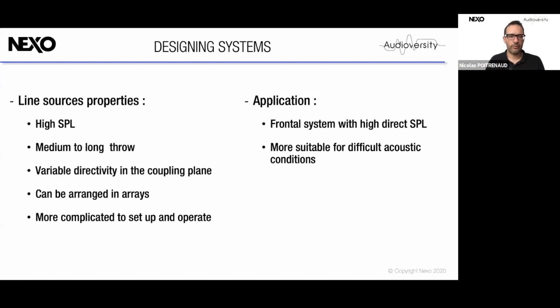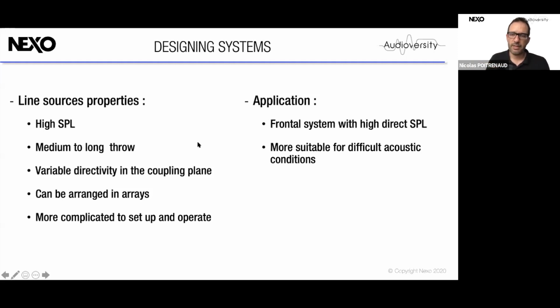And the main reason is, with a line array we have not a spherical wavefront, but a cylindrical wavefront. So instead of having a drop of -6 dB per doubling distance, we go to something like -3, -4, depending on the shape of the array.